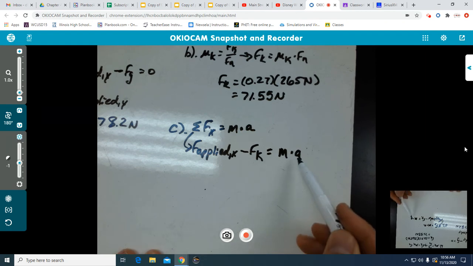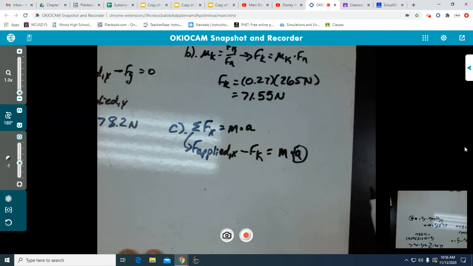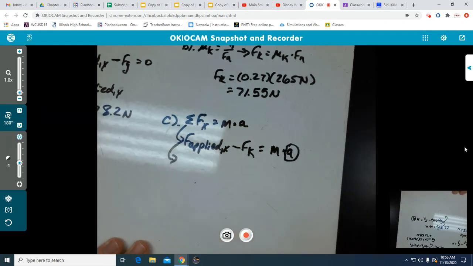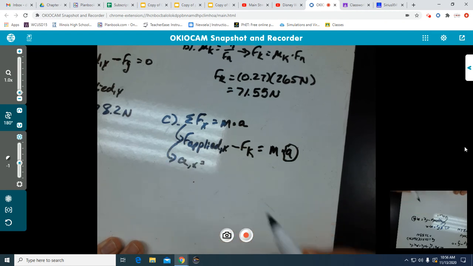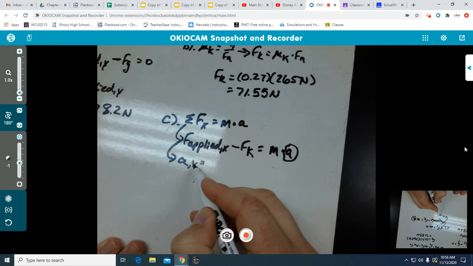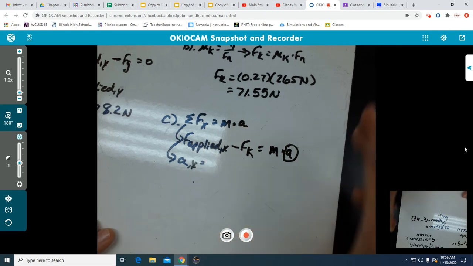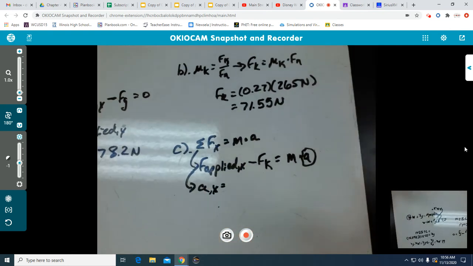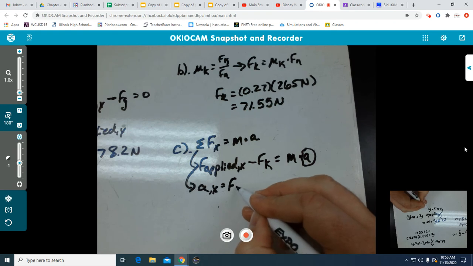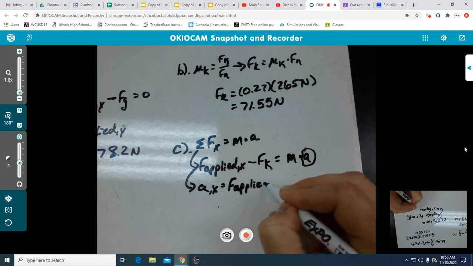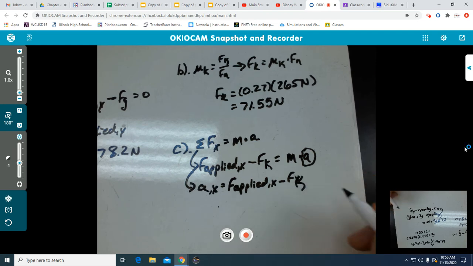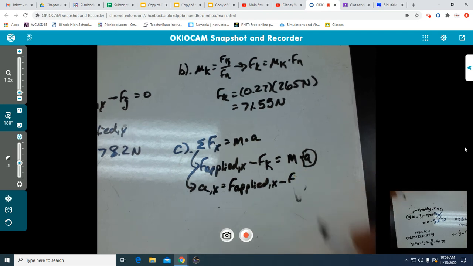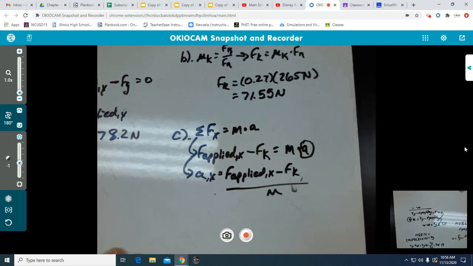We are solving for acceleration in this step, so we rearrange this equation and have a in the x direction. You don't have to put that in the x direction, but I always like to because it tells us which direction the object is moving. It is equal to F applied in the x minus kinetic friction, Fk, over the mass.